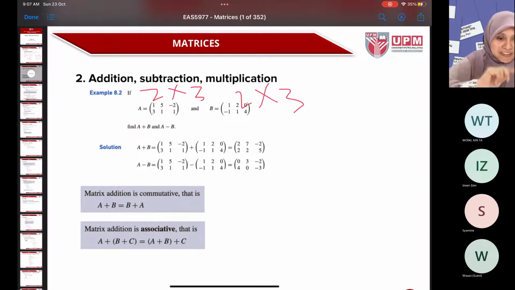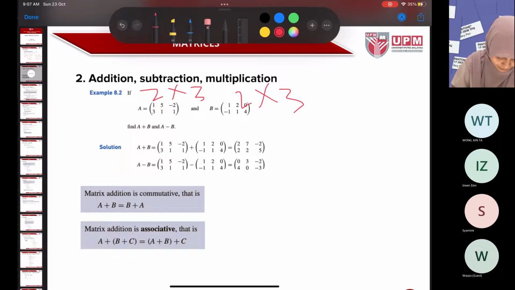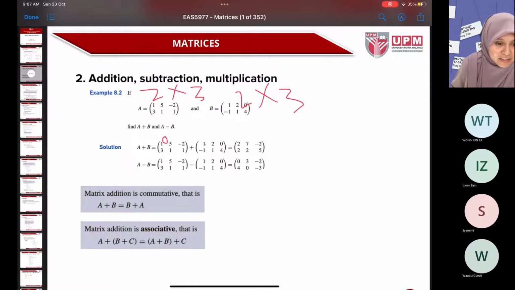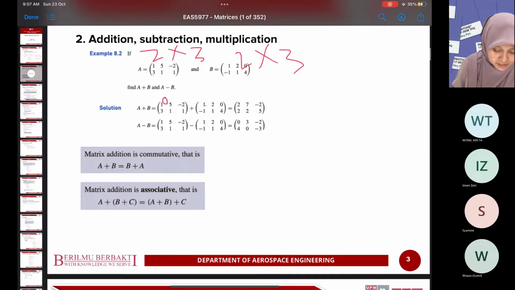For example, A plus B: 1 plus 1 equals 2, 5 plus 2 equals 7, etc. Each component, we add or subtract. Matrix addition is commutative and associative.